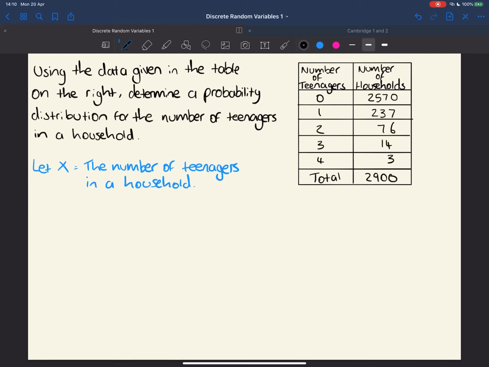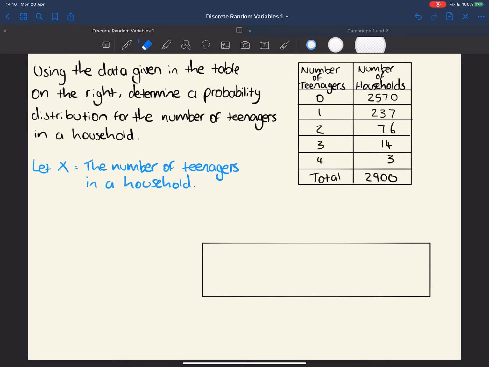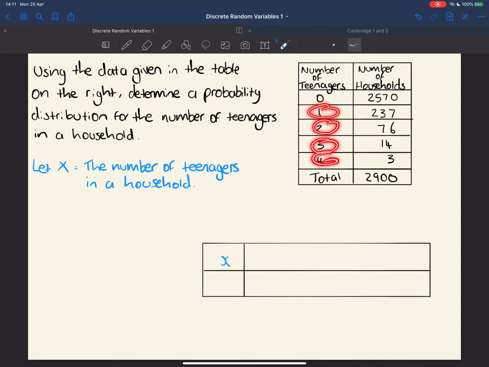I'm going to go ahead and make a table, and we'll separate it. X is going to be our sample space, all the options, and we can see all the options already: 0 teenagers, 1 teenager, 2, 3, 4.